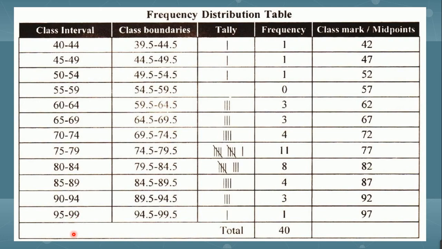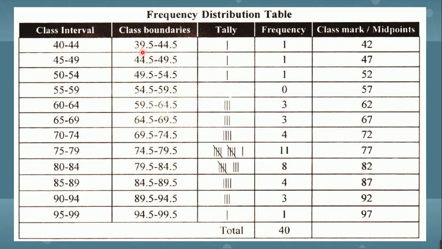Now make the class boundaries. We know that this is called lower class limit and this is called upper class limit. So for class boundary we will subtract 0.5 from the lower class limit and we will add 0.5 in the upper class limit.